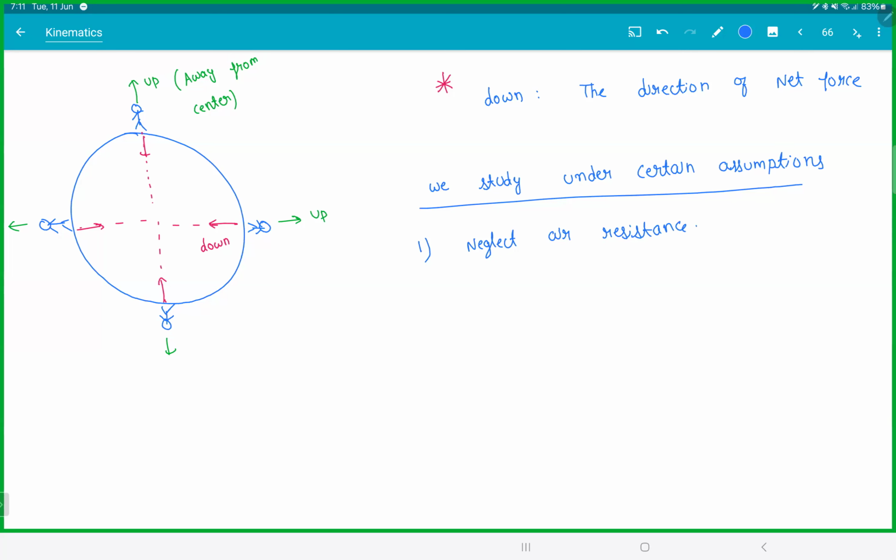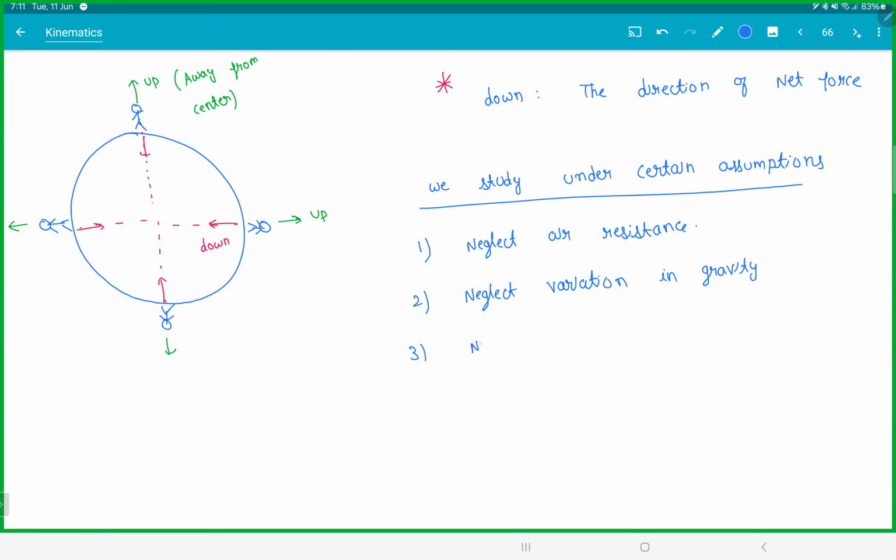If there's air resistance, things go pretty weird and it becomes very complex to study. Second, we neglect any variation in gravity. This is still acceptable. Generally, gravity on the Earth's surface up to 7, 8 kilometers doesn't change. But once you go 50, 100 kilometers, it changes appreciably. So we treat the value of g as almost constant on the surface.